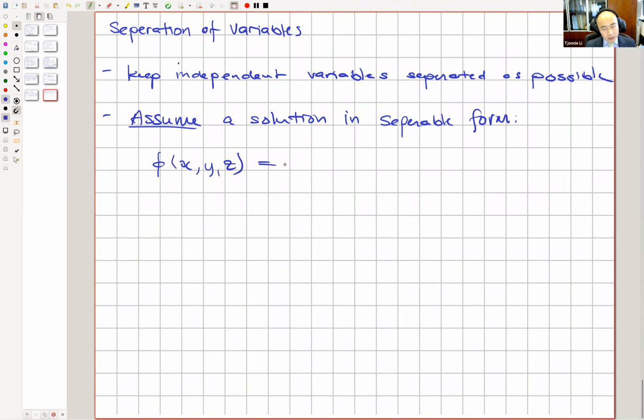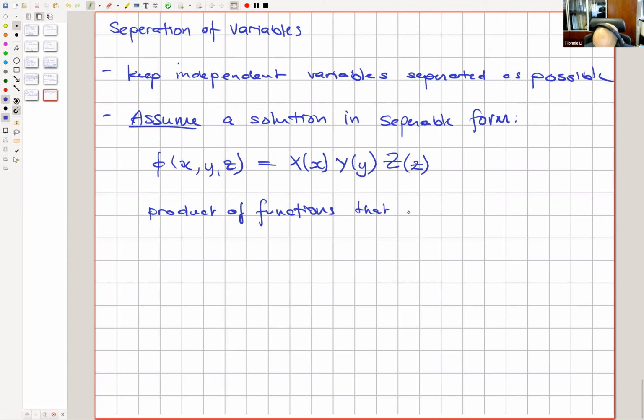I'm going to make the explicit assumption that I can write this as a product of a function big X of just x, a function big Y which is only a function of small y, and a function big Z which is only a function of small z. So what we have is a product of functions that each depend on only a single variable.